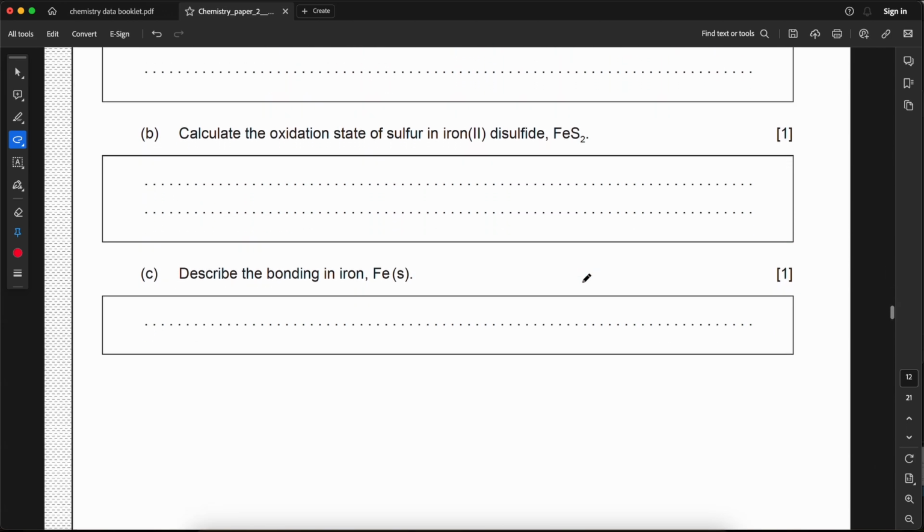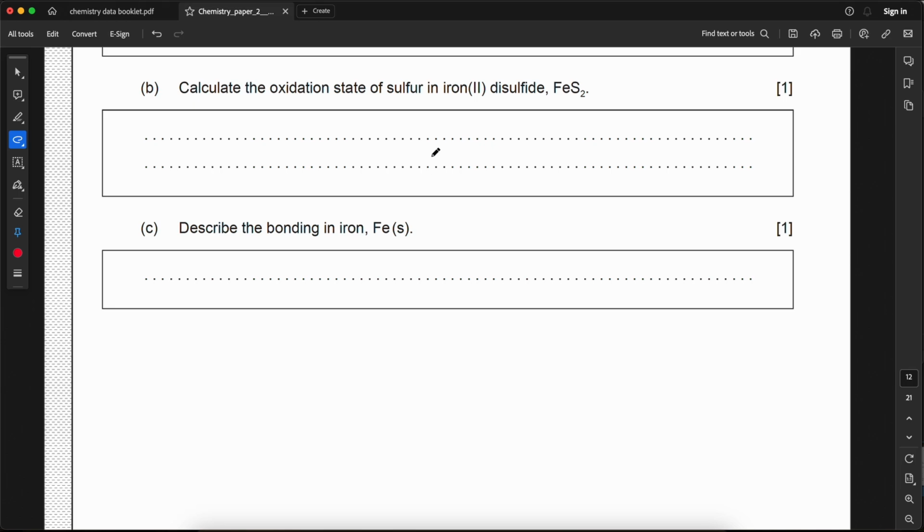Okay, calculate the oxidation state of sulfur in Fe(S2).